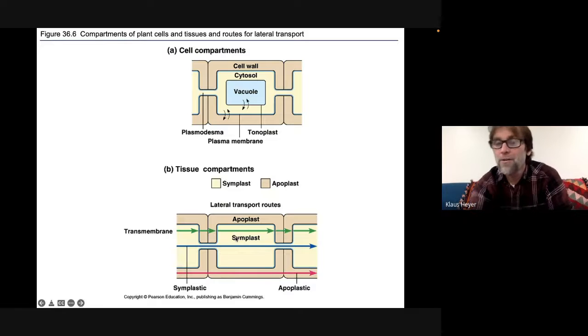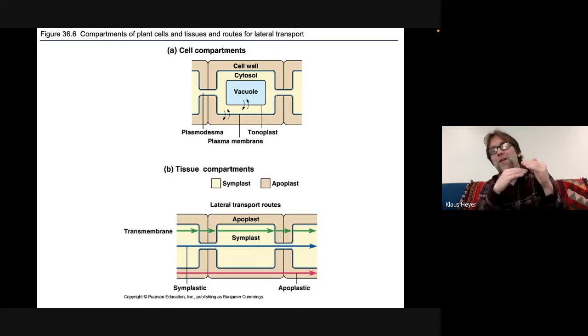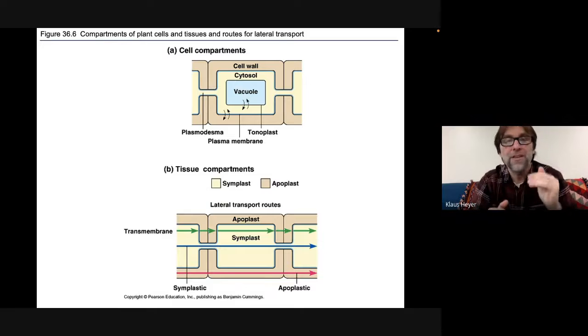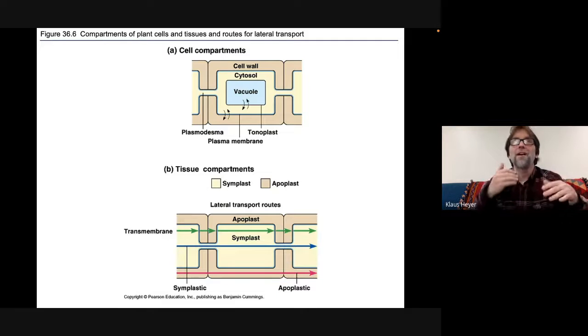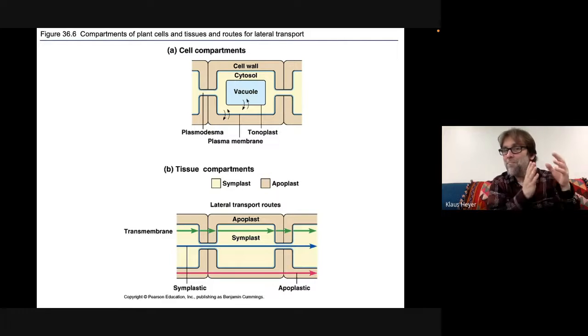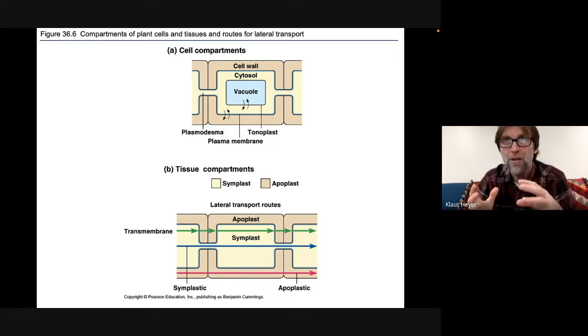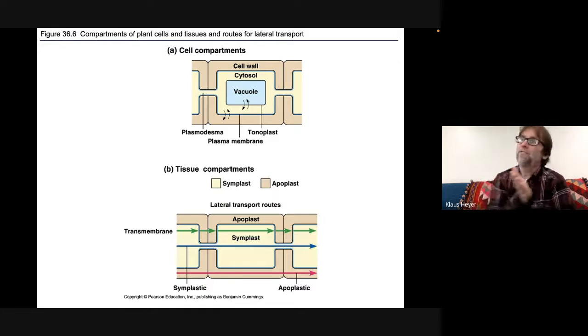But some water hugs that little space between the balloon and the box, between the cell membrane and the cell wall. It's a little easier to move that way because there's nothing really stopping you. You don't have to bust through the plasma membrane or go through the cell.